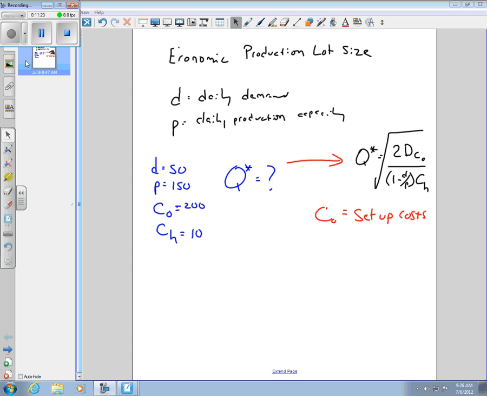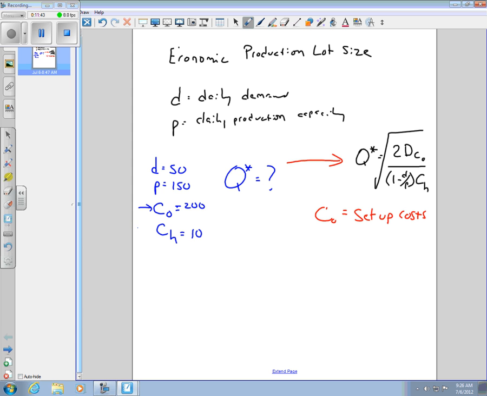Okay, so here's a quick example. In this situation, we're trying to figure out what's the optimal batch size, the optimal production lot size. And we define optimal as minimizing the sum of my setup costs and my holding costs.